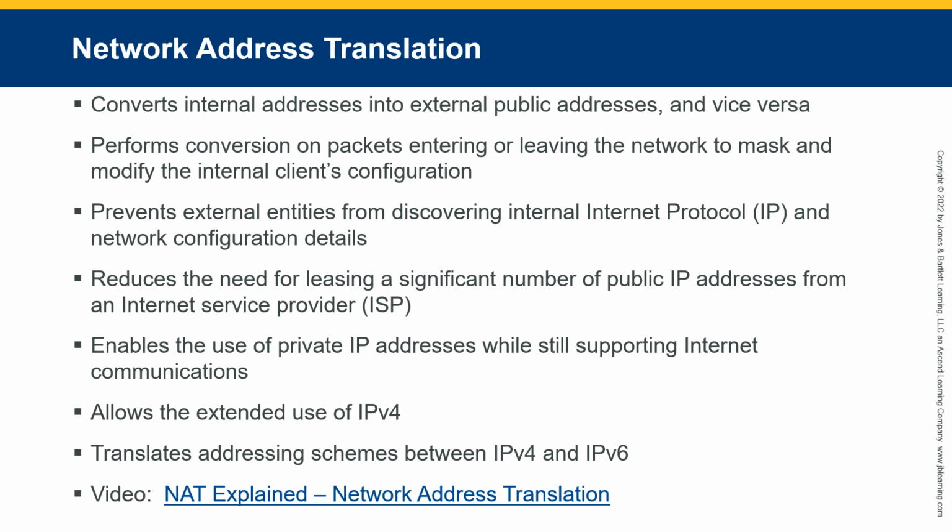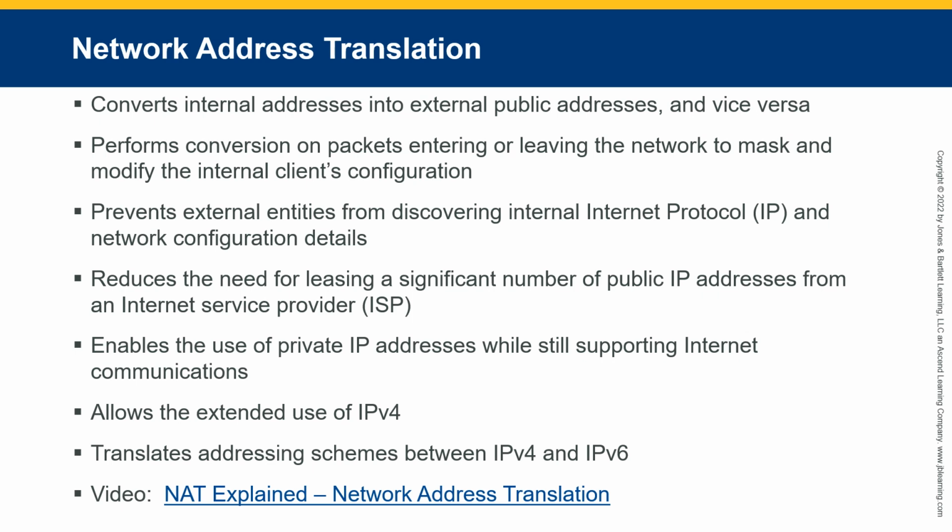Network address translation converts internal addresses into public addresses and vice versa. It performs a conversion on packets when leaving the network to mask and modify the internal client's configuration. They prevent external entities from discovering your internal IP addresses and protocols and what your configuration is and how your addressing is.